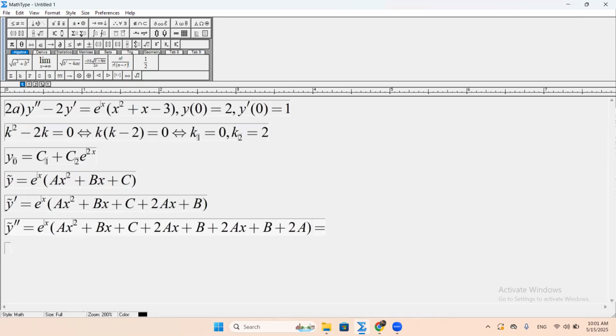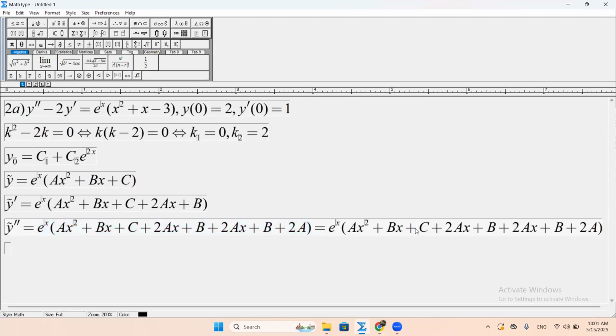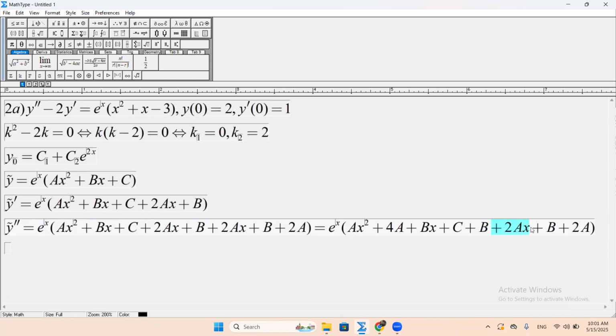Now it will be simplified a little bit: ax squared plus 4a, then plus 4ax, sorry, plus bx, plus 2a plus 2b plus c.